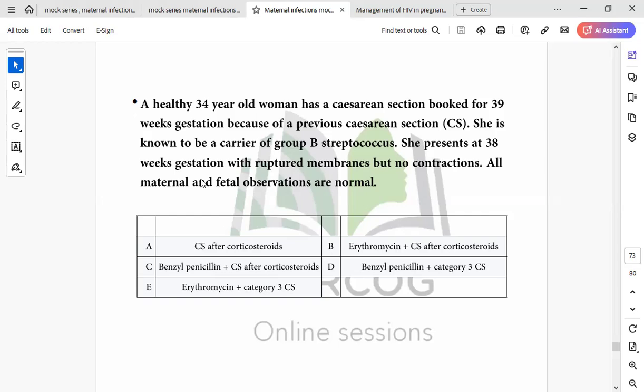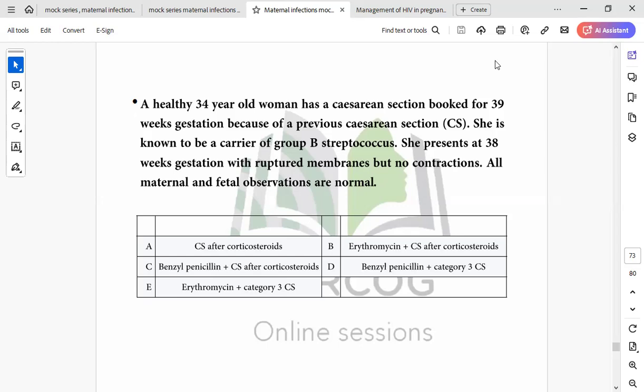Okay, now I know that I'm going to give her IAP. There is nothing about allergy here, so I'm going to give benzyl penicillin. Okay, the woman is 38 weeks. I don't think that I should think about corticosteroids at this age as a priority, but I'm going to keep it in my mind.